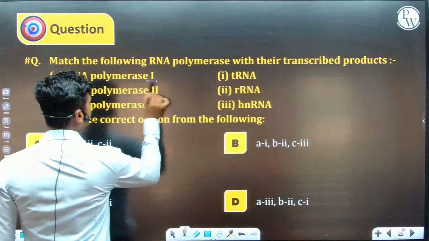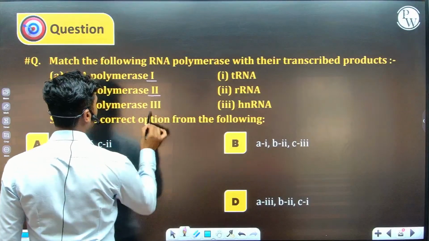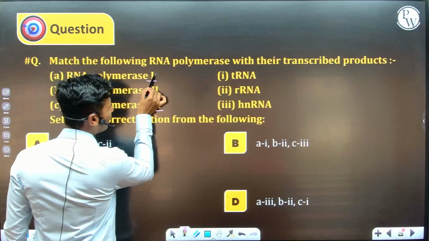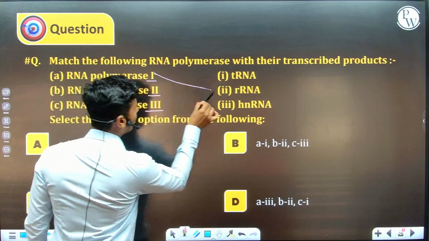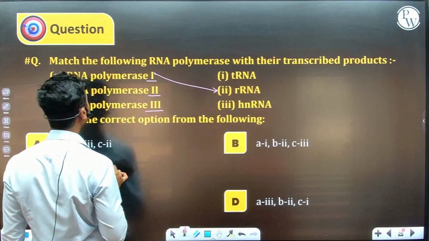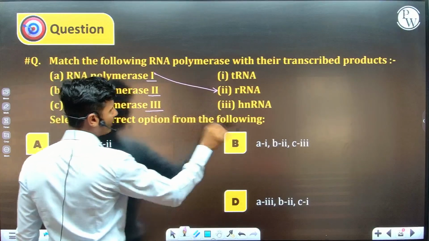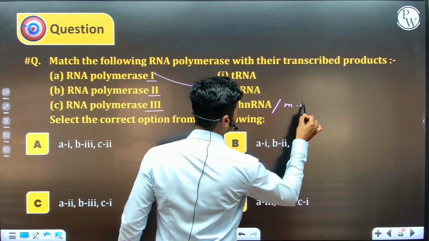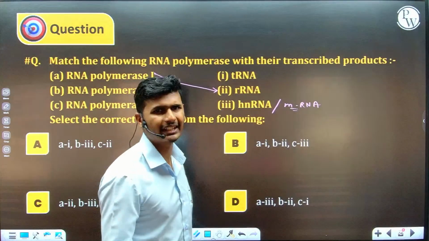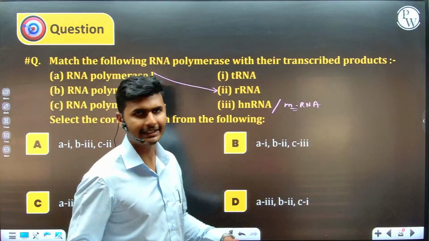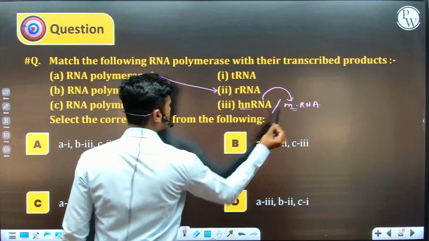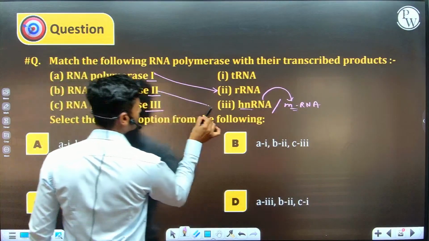RNA polymerase 1, RNA polymerase 2, RNA polymerase 3. We know that RNA polymerase 1 is for rRNA. RNA polymerase 2 is for hnRNA, or we can say mRNA, because mRNA is processed RNA, with capping, tailing and splicing, but formation of hnRNA takes place first.